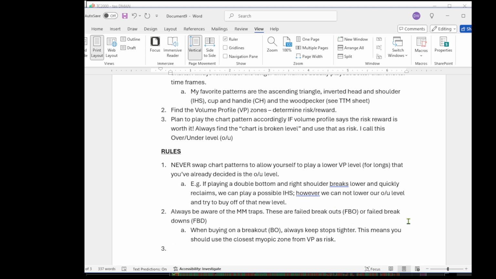Okay. What are some other rules? Okay, here. When absorbing, break buys into two or more buys.